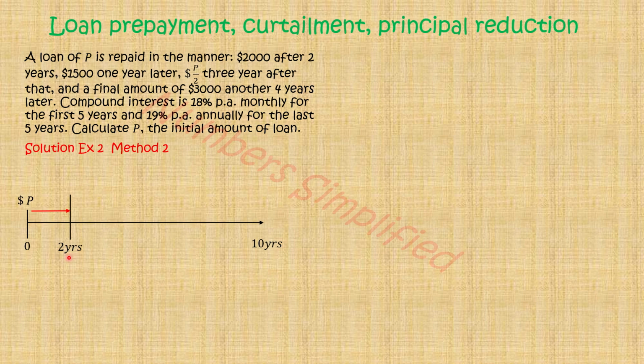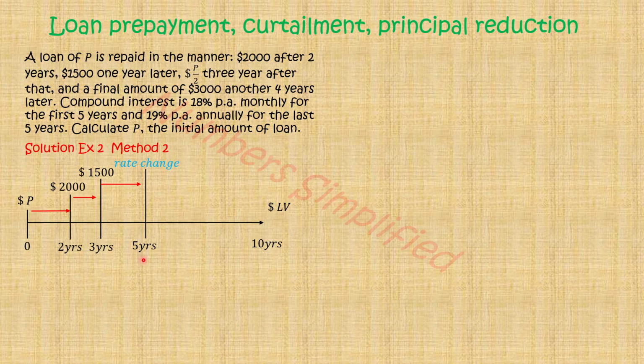Right, so we see that after 2 years the payment of 2,000 is made. Then there is another payment made in the 3rd year, and that is 1,500.